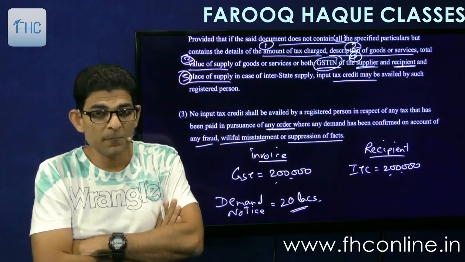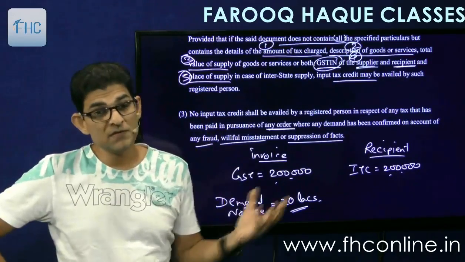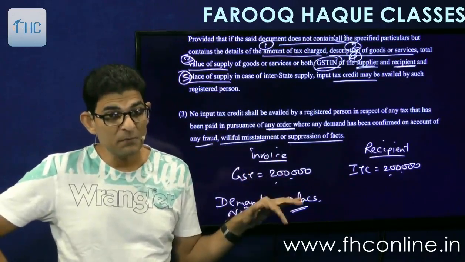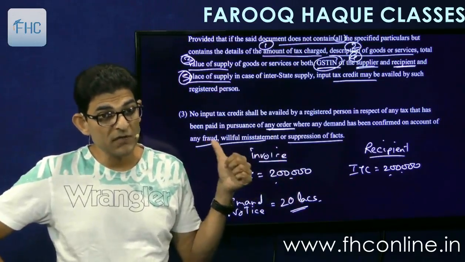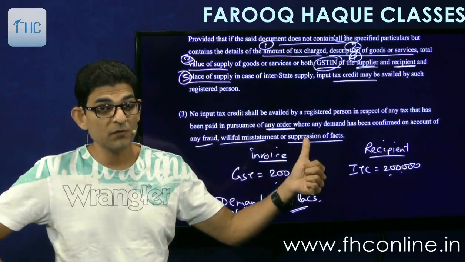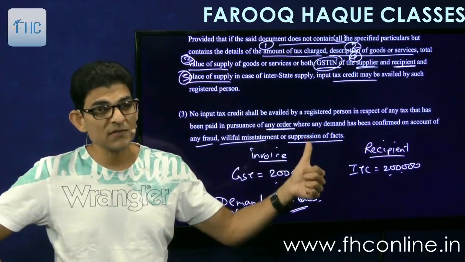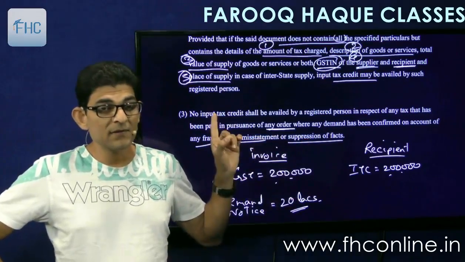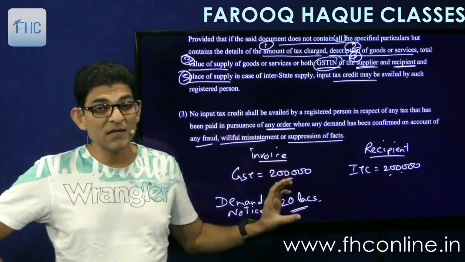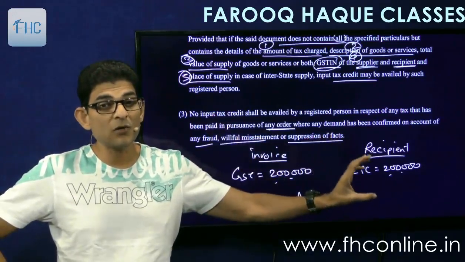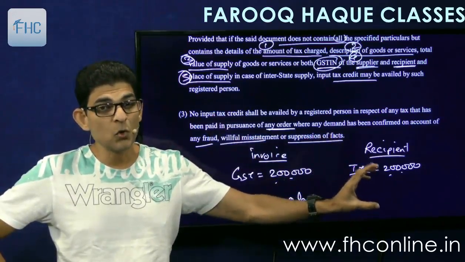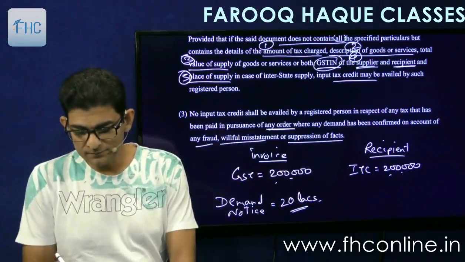So two points. If this less payment of tax is because of these three reasons, fraud, willful misstatement and suppression of facts, then the rule clearly states that this 20 lakh credit cannot be passed on. No credit will be allowed to the recipient.